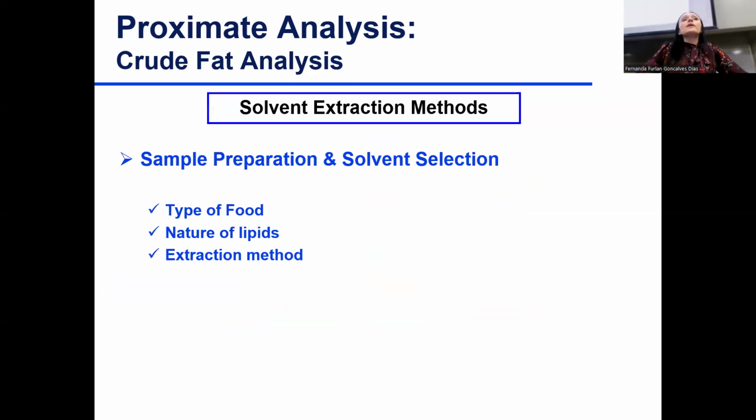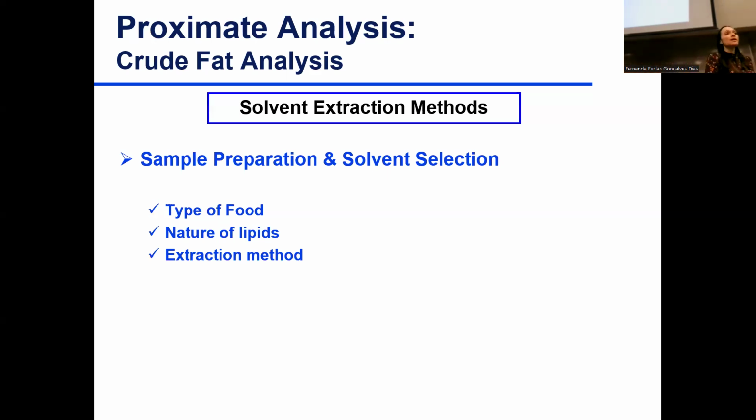When we do solvent extraction methods, the sample preparation and the selection of solvent will depend upon several things. The type of food that we are analyzing, how much fat, how much moisture. Is it low fat, is it high fat, does it have no moisture, or a lot of moisture, like milk? We need to think about it.